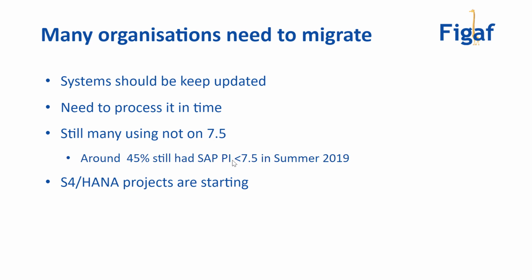Or at least, if you're doing the migration, you can always have your 7.5 system running and doing new development on that one. And then the old system that you're migrating from would still be on that old landscape.